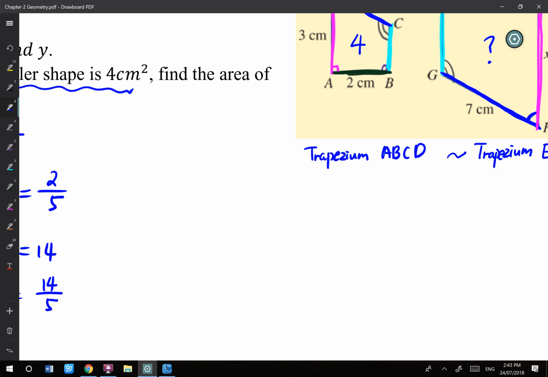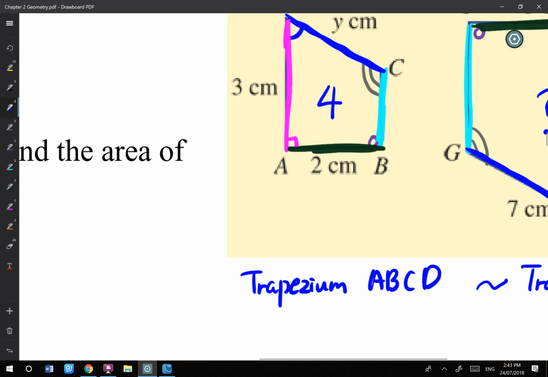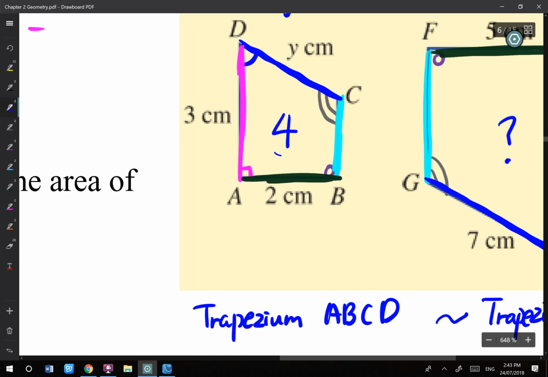The first method is I can figure out the length of CB. If I say CB equals XY, and use a lowercase a to represent that, they are trapeziums, right?